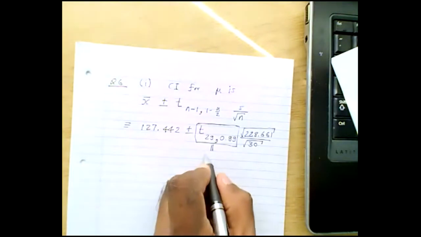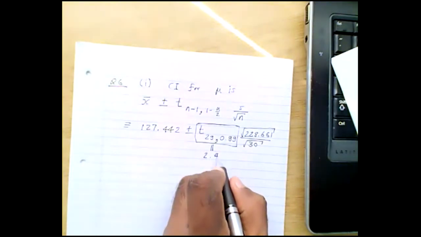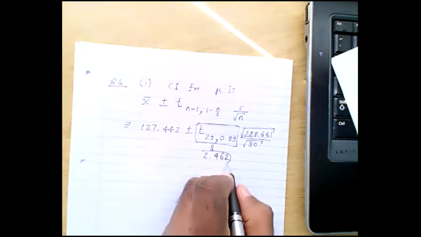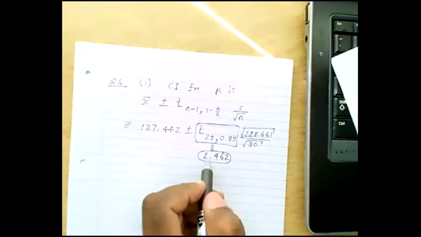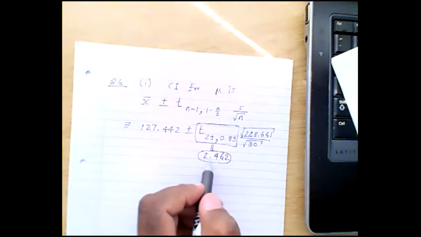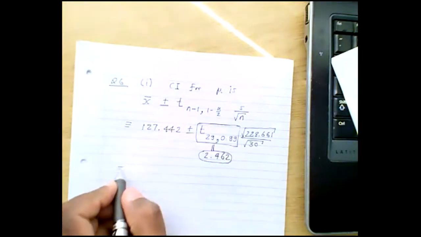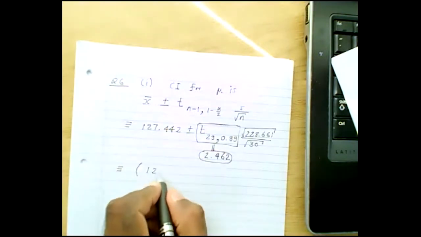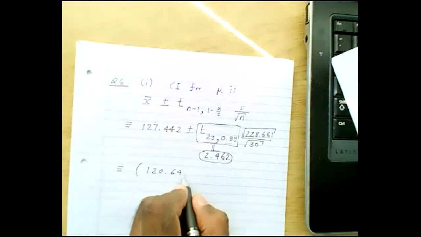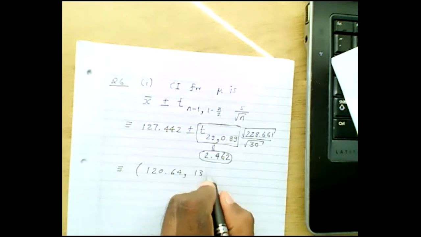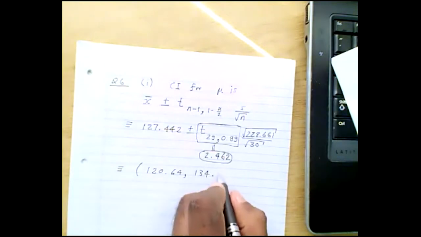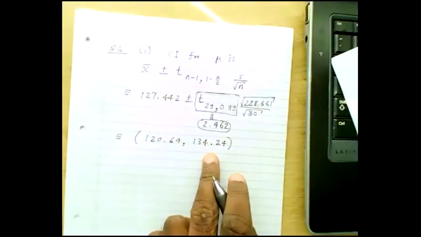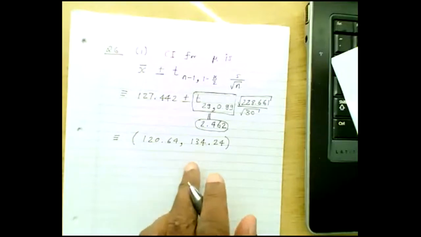You will get a value approximately equal to 2.462. If you simplify things, the lower limit will be 120.64, and the upper limit will be 134.24. So this is the 98% confidence interval for the population mean.